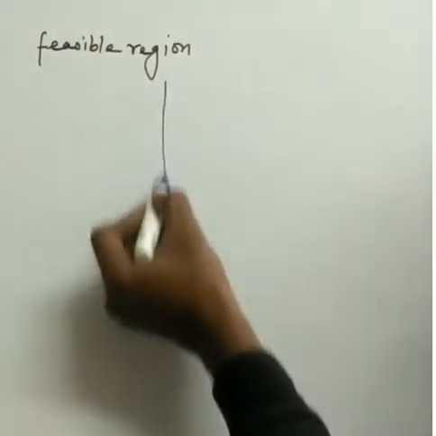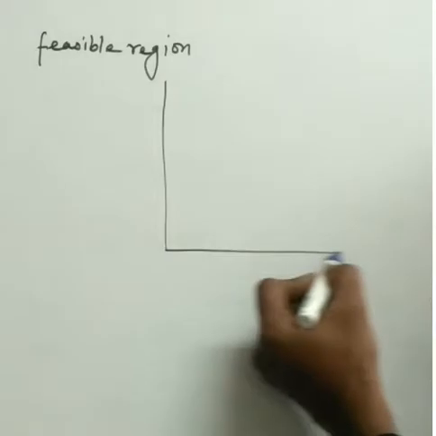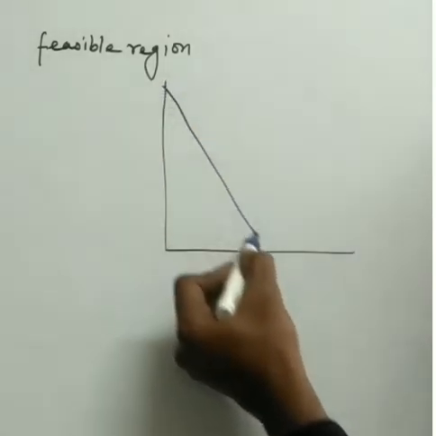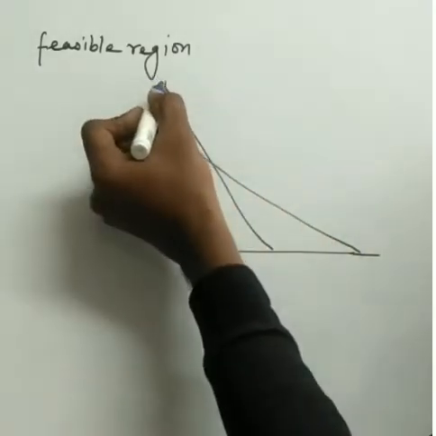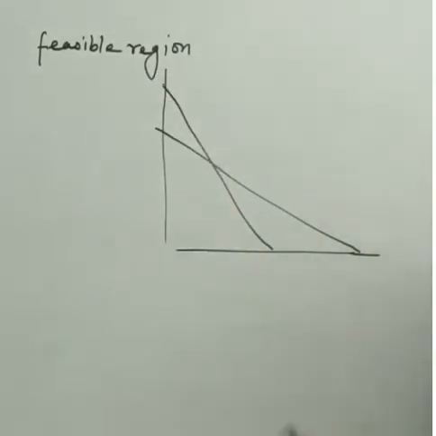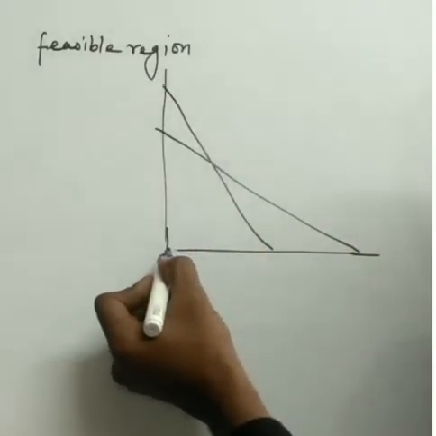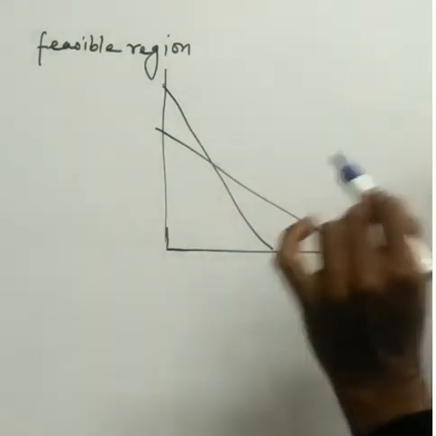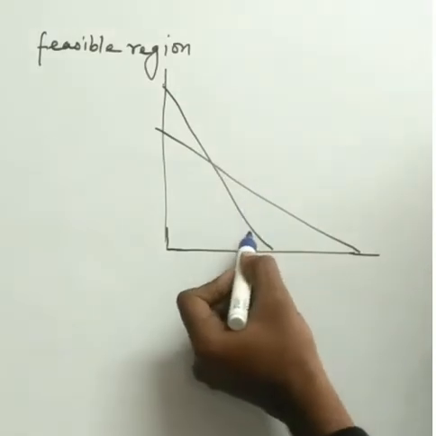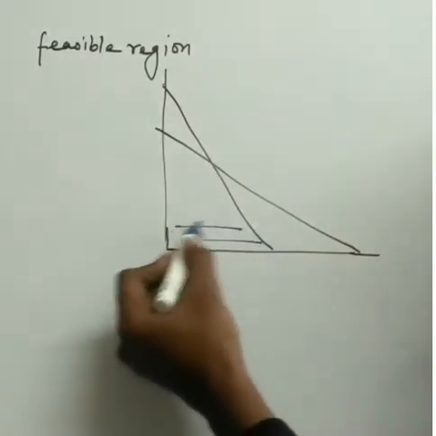Suppose we draw the graph of a linear programming problem and we get such a graph. When we shade the region satisfying the given inequalities, suppose this region is shaded.